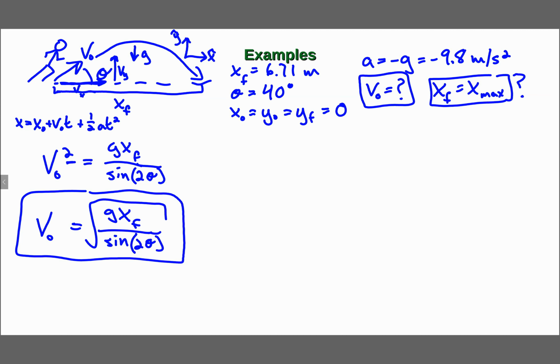And what happened was I got to this answer, and then I said, okay, let's check the units. And you can see that we should have meters per second because we have a velocity. And then on the other side, I have meters per second squared times meters.